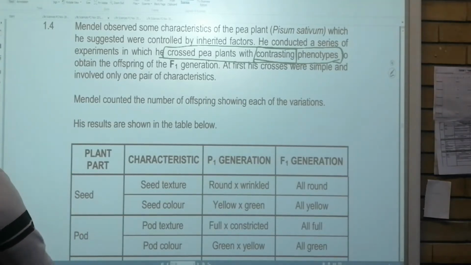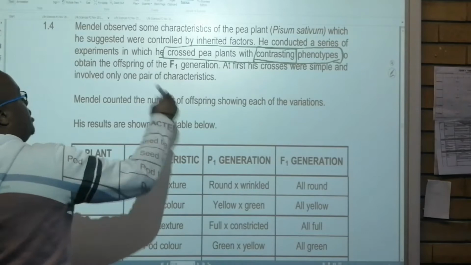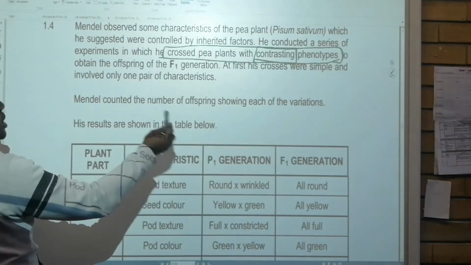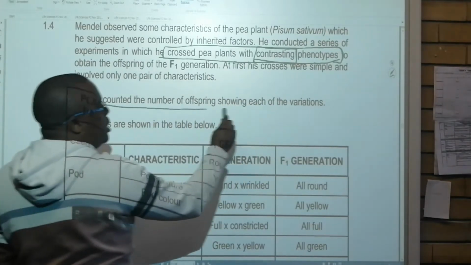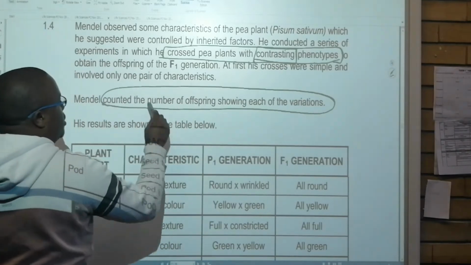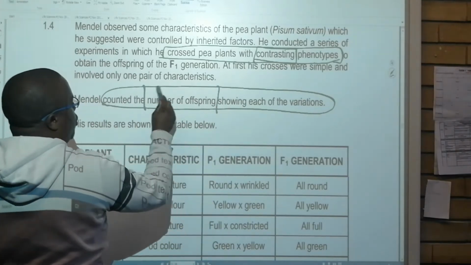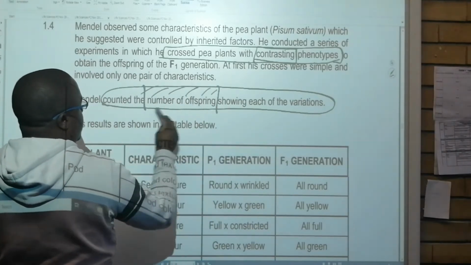At first, his crosses were simple and only involved what? One pair of characteristics. Mendel counted the number of offspring, showing each of the variations. So he did this. After he did that, what did he do? He counted the number of offspring.